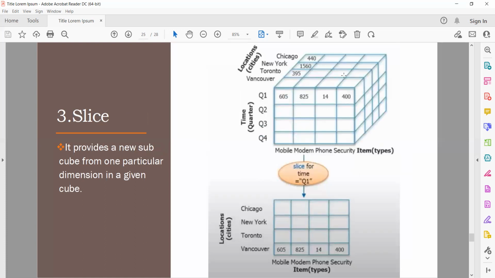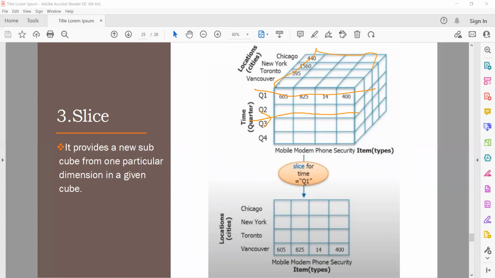The third operation is slice. Slice means we are cutting, but the important thing is it contains only one dimension. What will happen if someone tries to cut by this? If you cut here, what will happen? There are 2 pieces. Each piece contains a different dimension, but if it is a slice, it contains only one dimension. So if you need to cut, you need to cut by this, so it contains only one dimension.